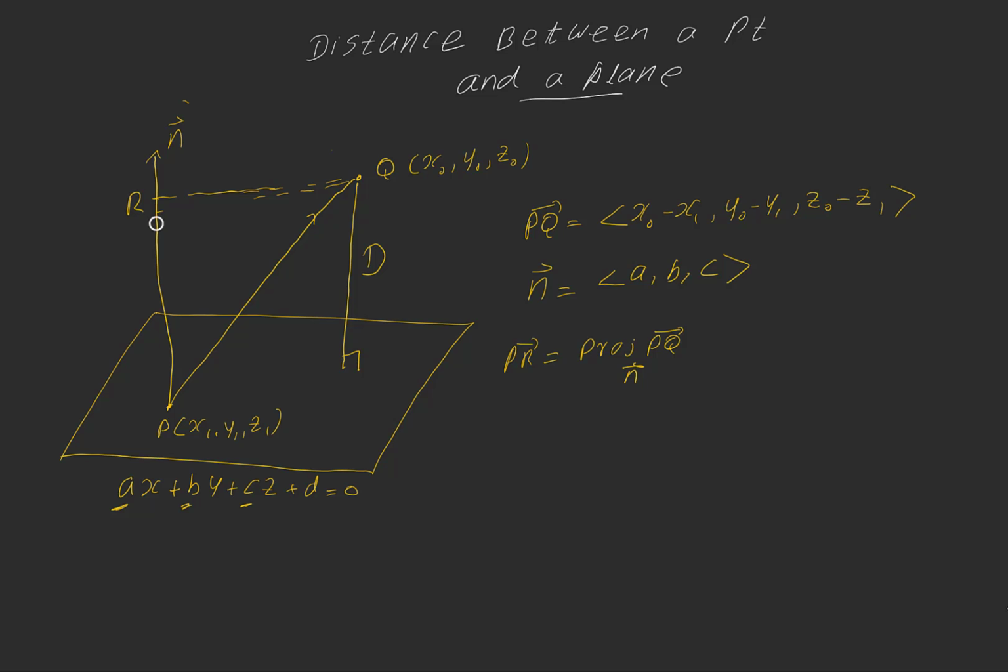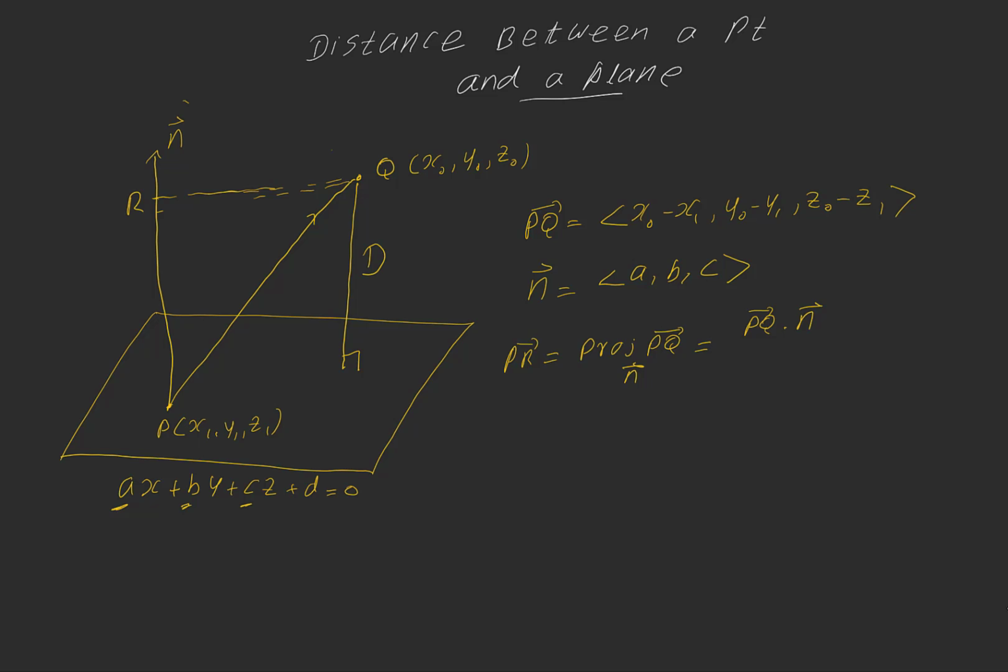So the PR vector is the projection of PQ onto N. Then we need to find D. D is the same as the magnitude of PR. So first, let me write the projection of PQ onto N.